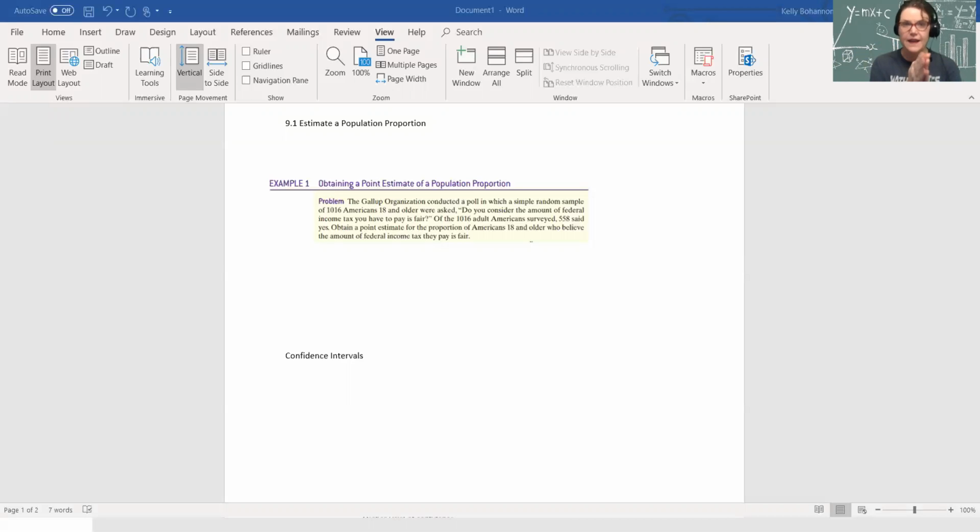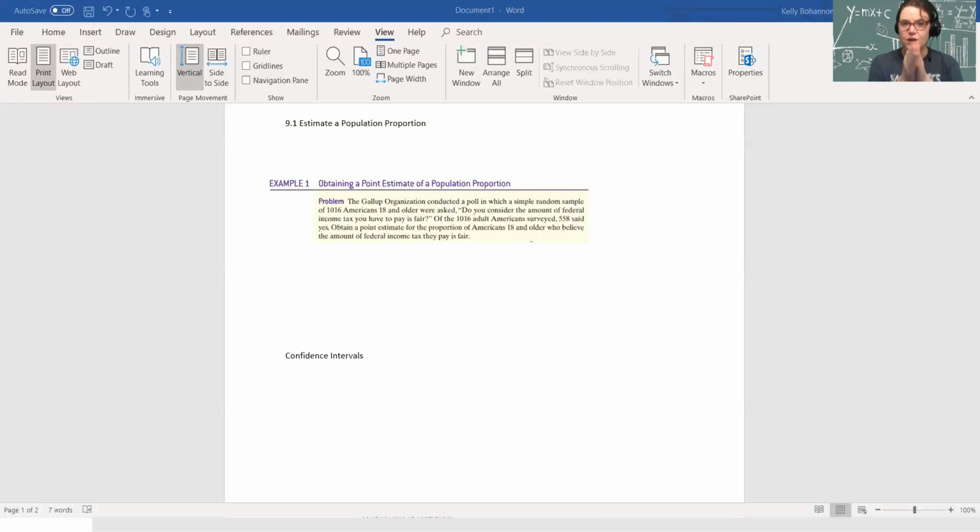Because of that, instead of just saying this is the value, we give an interval. So let's say I took one estimate and it was 54, and another and it was 49. I could just strike it in the middle and say 51. 51% of people think that what they pay in taxes is too much.